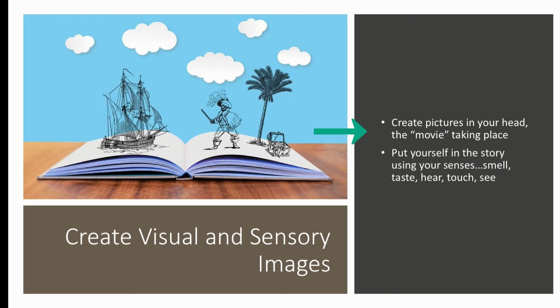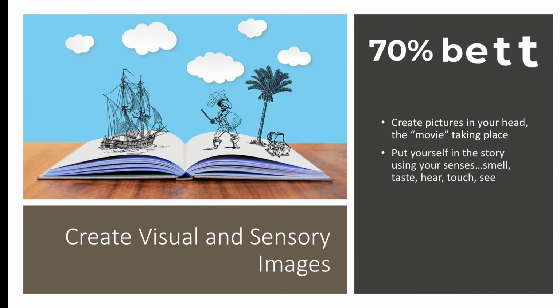When you're creating that movie in your head, those images, you will remember it way better than not doing it. In fact, you can remember it up to 70% better than not creating any images in your head. So turn what's on paper into pictures and make a little movie out of it.